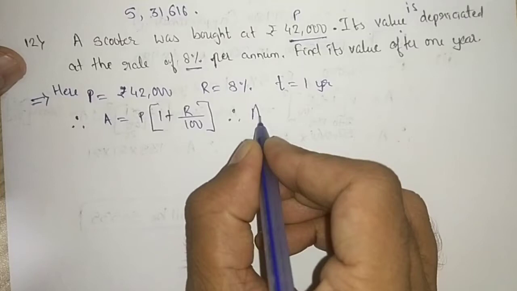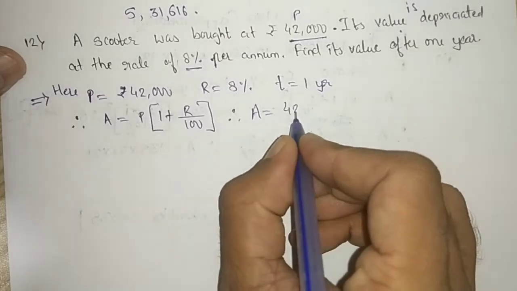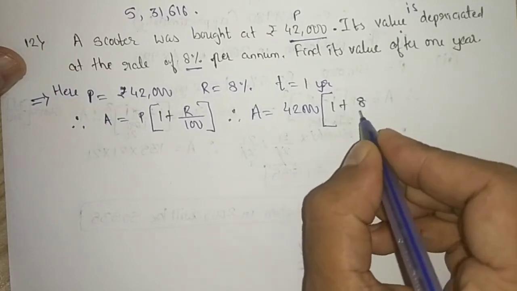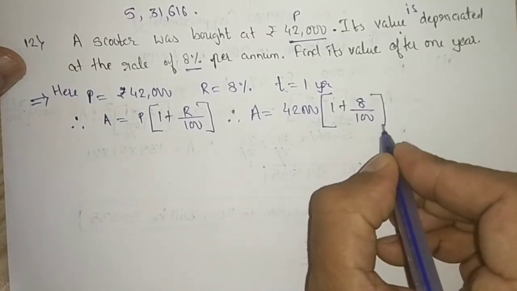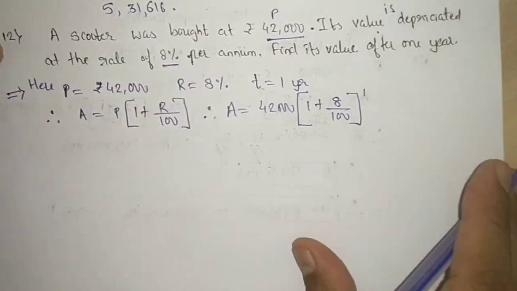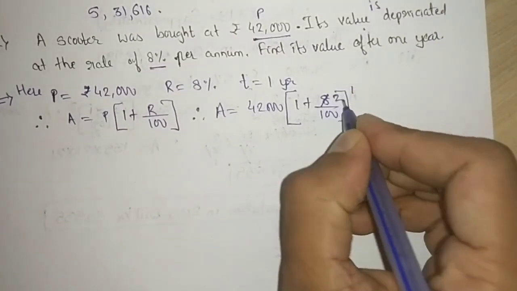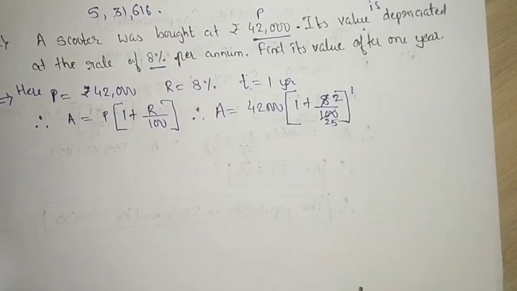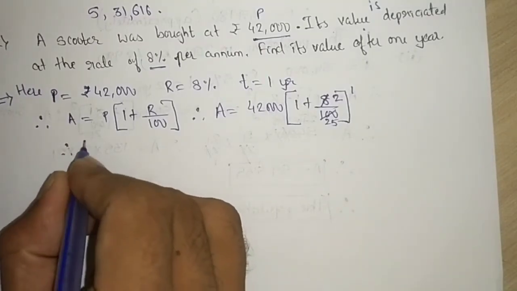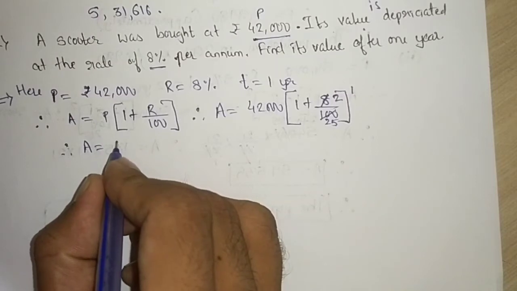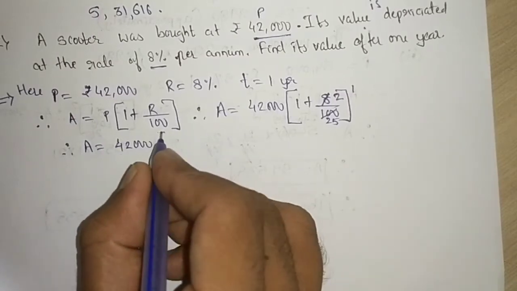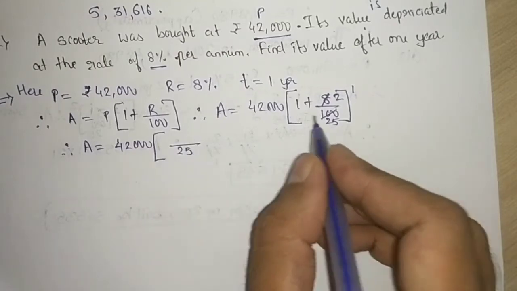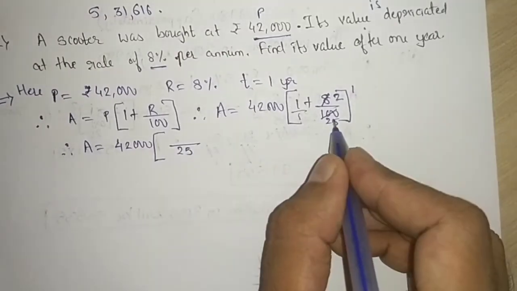Therefore, amount is equal to, principal is 42,000 into bracket 1 plus 8 divided by 100, whole raised to power 1. 4 2s are 8 and 4 25s are 100. Therefore, amount is equal to, principal is 42,000 into bracket 25 will be our LCM. Here it is 1, so we will multiply.